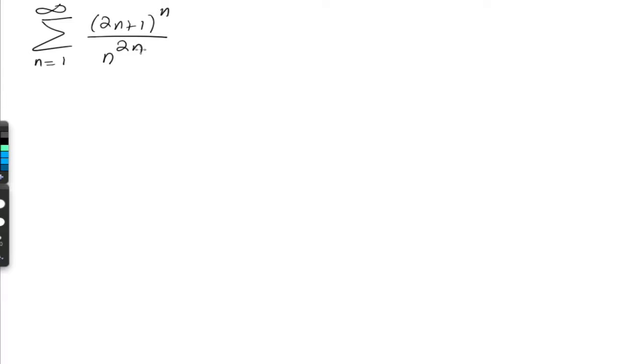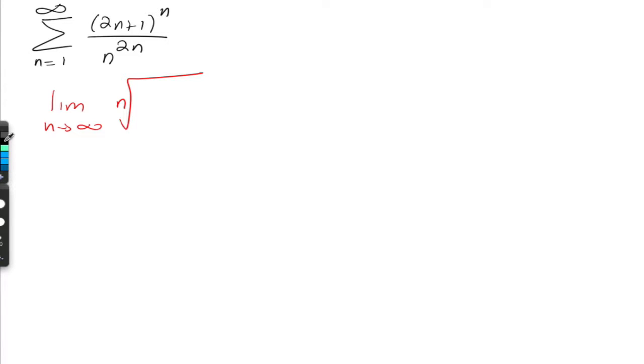Can we use the root test to take out the n? The root test is a good one to use whenever you have nth roots and powers of n. So that sounds like a reasonable test. So let's try that. To do the root test, we take the limit as n goes to infinity of the nth root of a sub n.